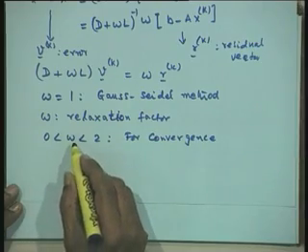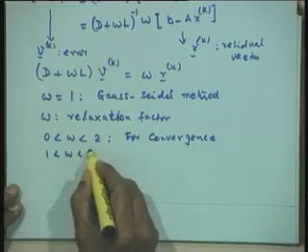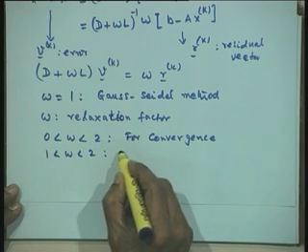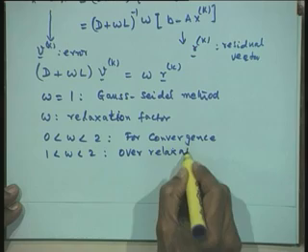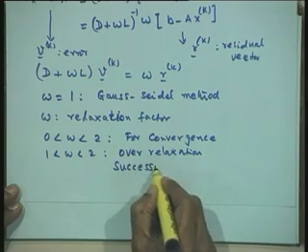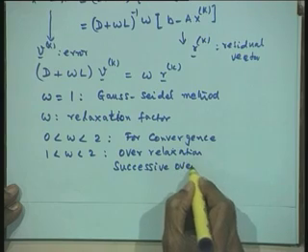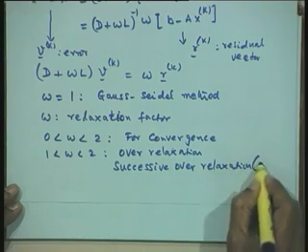If we use a value greater than 1, that is above Gauss-Seidel, 1 < ω < 2, it is called over-relaxation, and it is also called in literature successive over-relaxation.